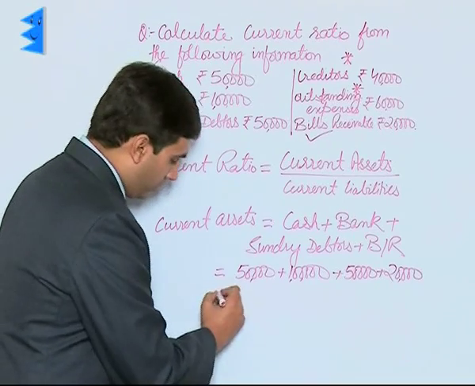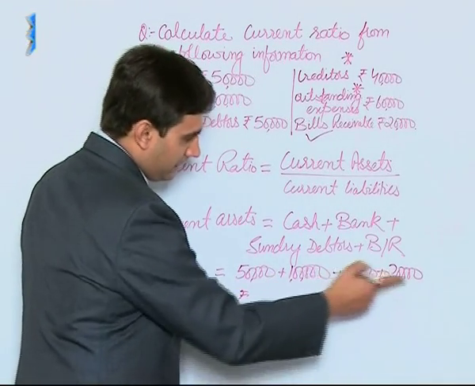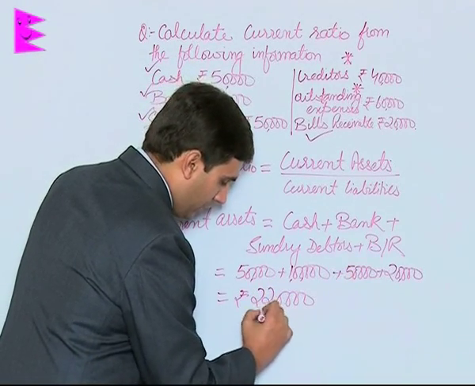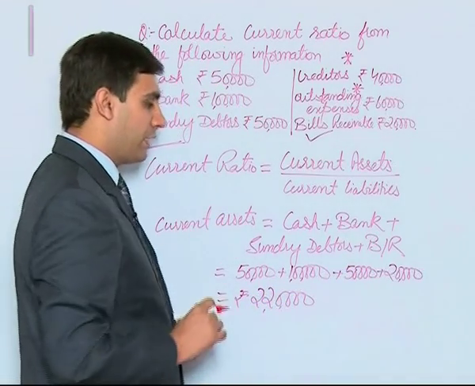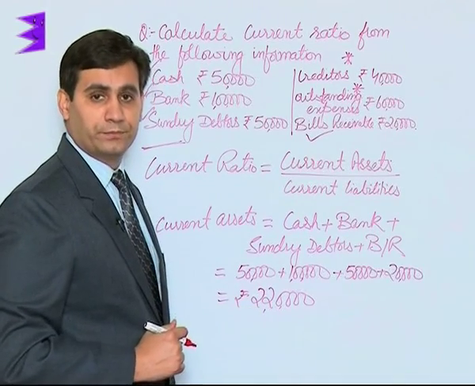So students, the total of current assets comes to rupees 50 plus 50, 1 lakh, and this is 2 lakh 20,000. So now we have a total current asset figure that is equal to 2 lakh 20,000.